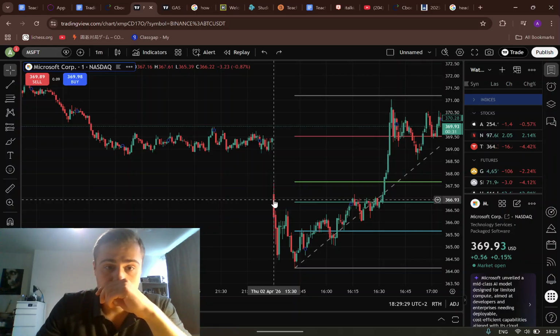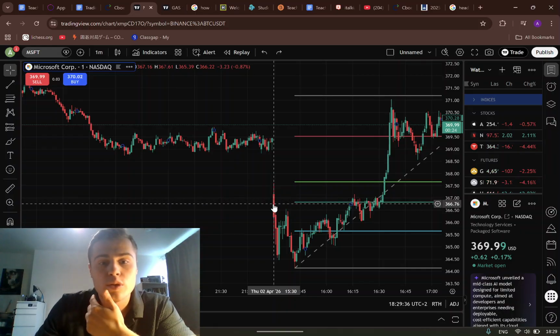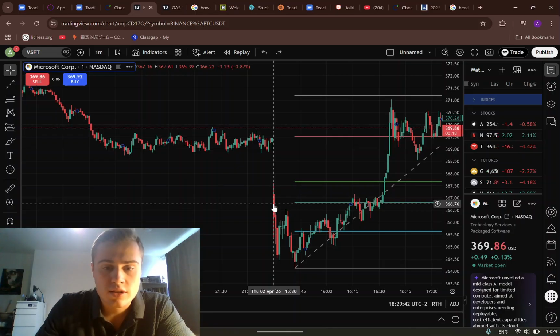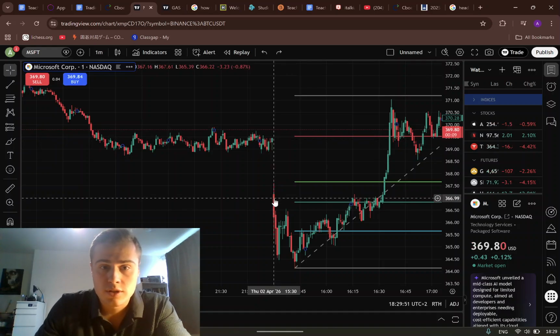All the numbers are presented here. We also have the number 5, which demonstrates the difference between this candlestick and the previous one. So we see that here is minus 3.2 and the close at 366, and this green candlestick right before that is 369.45, which is 3.123 dollars of difference.